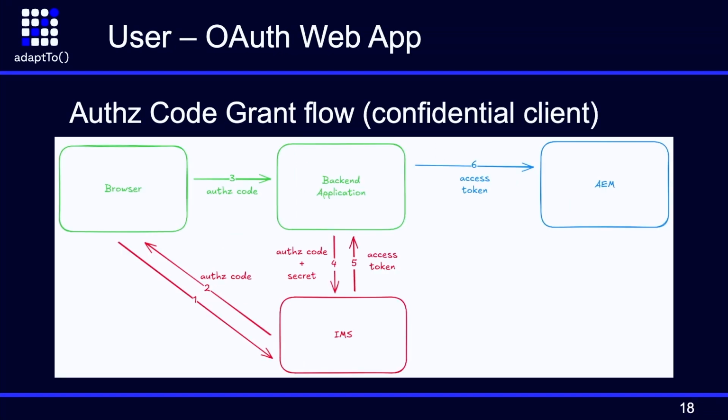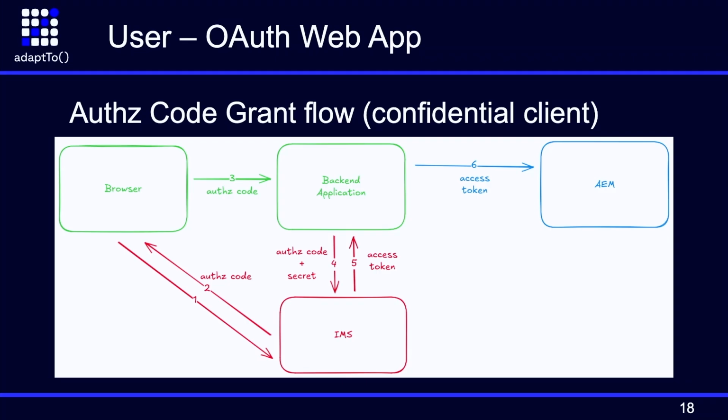This is where the situation improves. We have what Adobe Developer Console calls the OAuth web app. The standard OAuth name is Authorization Code Grant Flow with a confidential client. This is, when you study OAuth, this is the first thing you study, the most complex case where our user wants to access one application, and this application needs to bring data from a third party, from a third system.